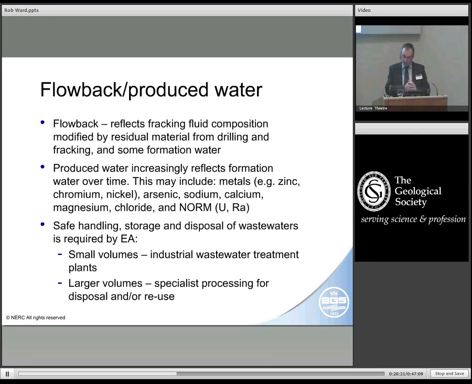But obviously, as there are larger volumes, then more specialist processing may be needed to handle the volumes needed. And from the States now, experience is showing that increasingly there are treatment processes being developed for handling the larger volumes which are being produced there.